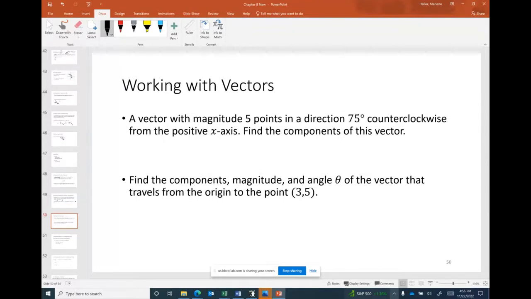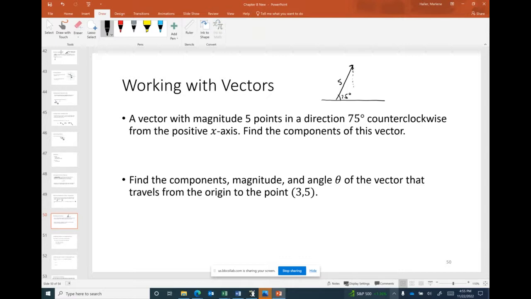If we have a vector of magnitude 5 that points in a direction 75 degrees counterclockwise from the positive x-axis, find the components of this vector, right? We'll start with a little diagram and draw it. Okay, 75 degrees from the horizontal is about like that. The vector has magnitude 5. Now, finding the components isn't going to be that challenging.